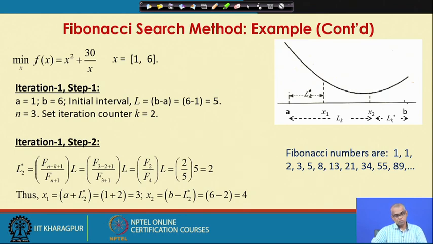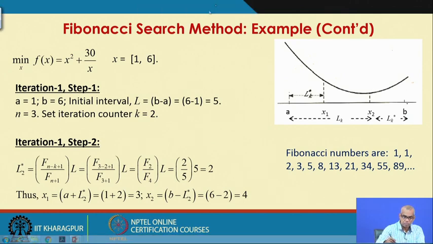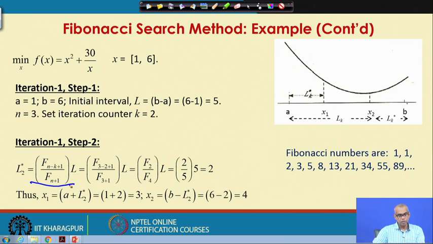Now, let us find out L 2 star. That can be computed from f n minus k plus 1 divided by f n plus 1 into L, where n equal to 3 and k equal to 2. So, this gives us f 2 by f 4 into L. L is 5, f 2 is 2 and f 4 is 5. So, L 2 star is obtained as 2.